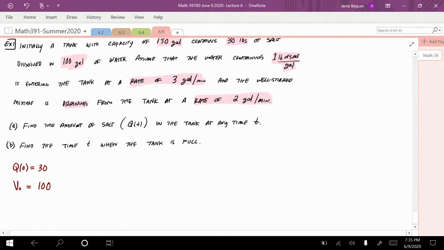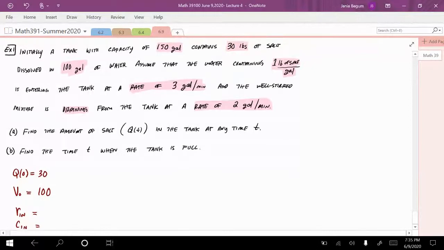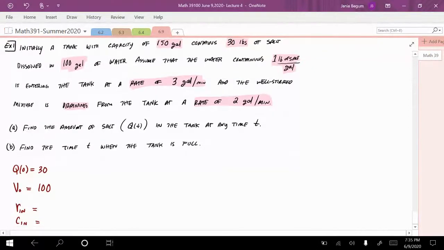So what is our rate in? What is our concentration in? What are those components? Concentration is always the amount over gallon, right? Volume. So concentration in is 1, and rate in is 3.